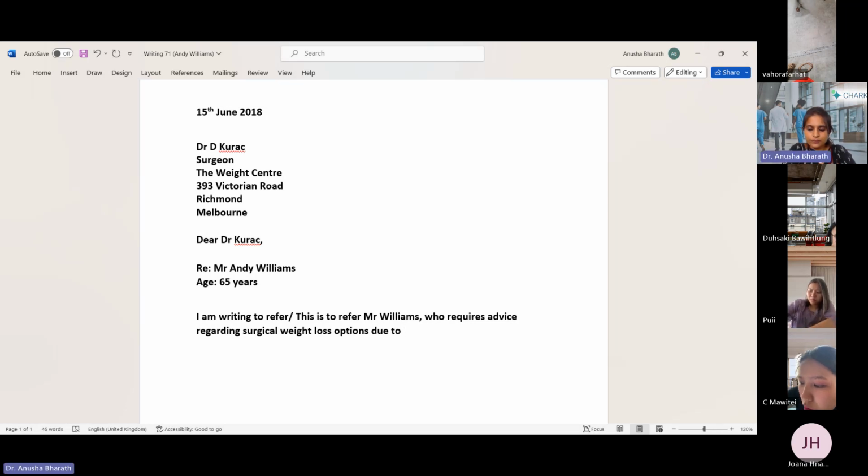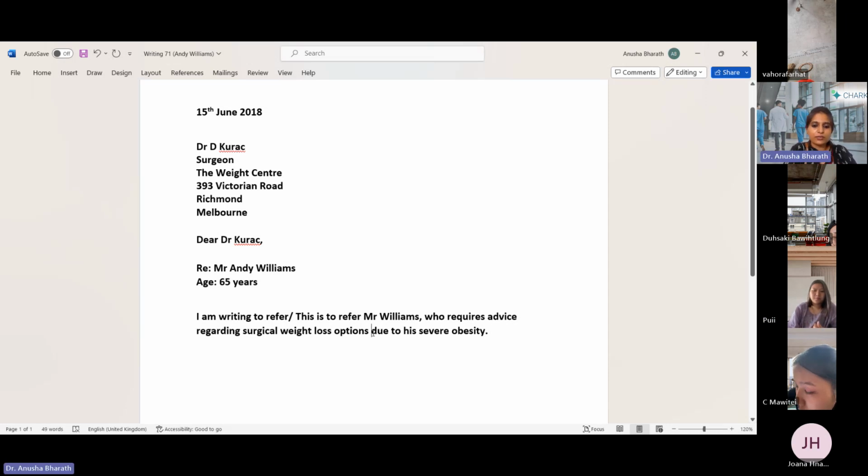Due to what? Obesity. It says he is at the highest of his adult weight. So due to his severe obesity.